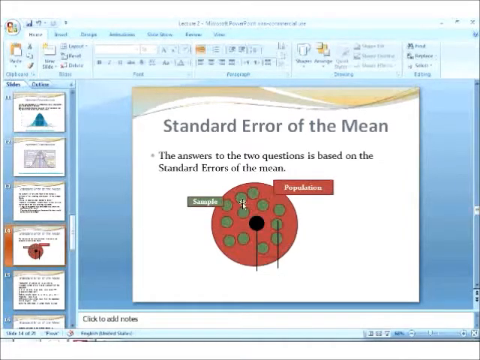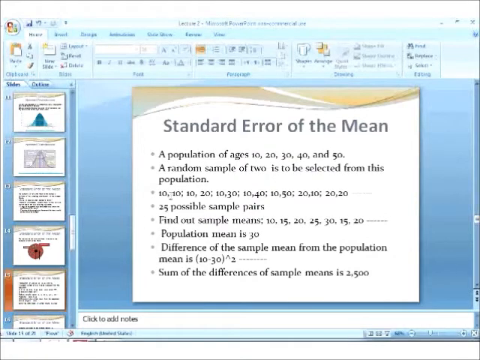Out of that population, I selected in different combinations small samples, each consisting of 2 data points or 2 ages. Clear? So these are our 25 samples that we drew out of that population.